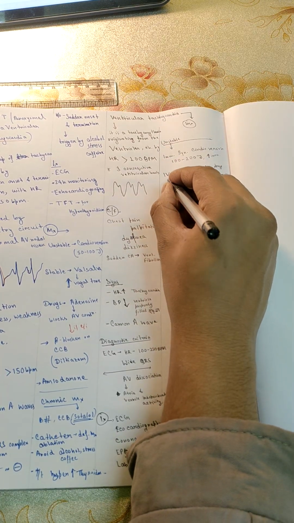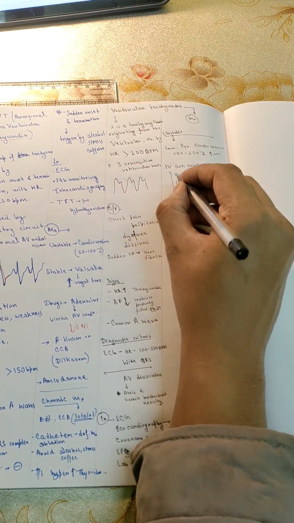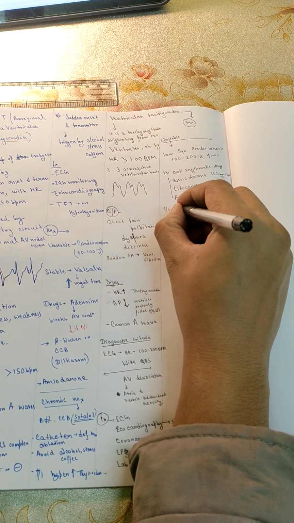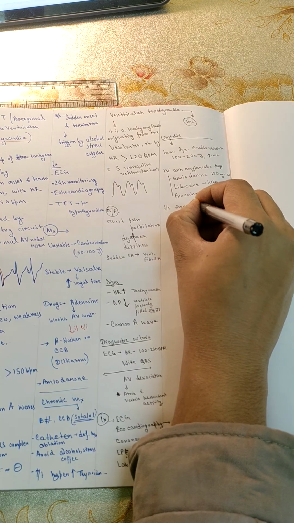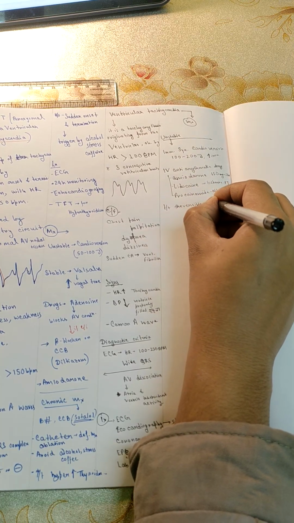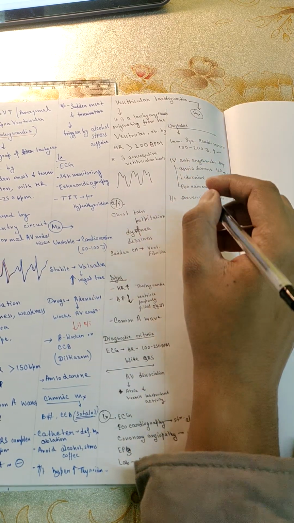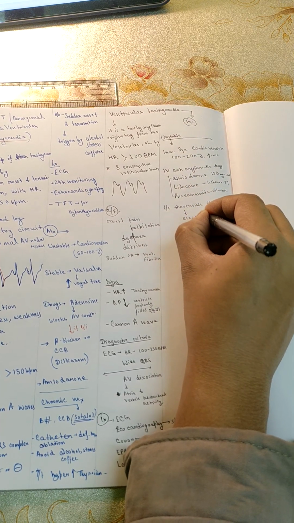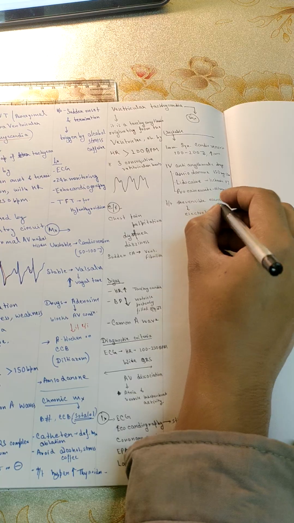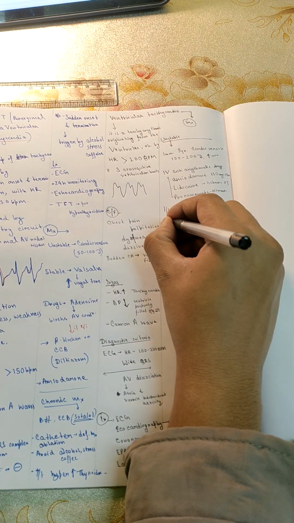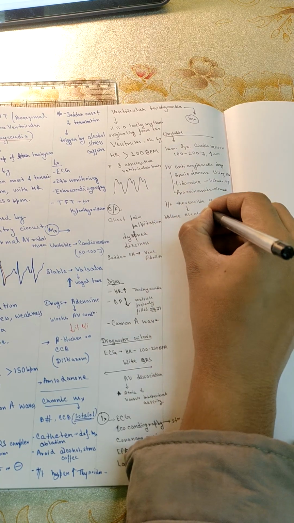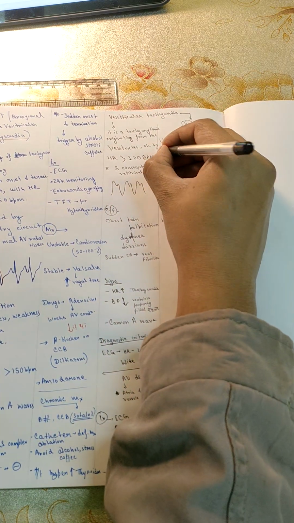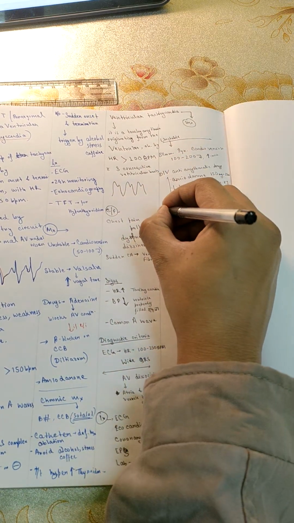Next is treat the reversible causes, like electrolyte imbalance, balance the electrolytes. Okay, these three are for unstable.